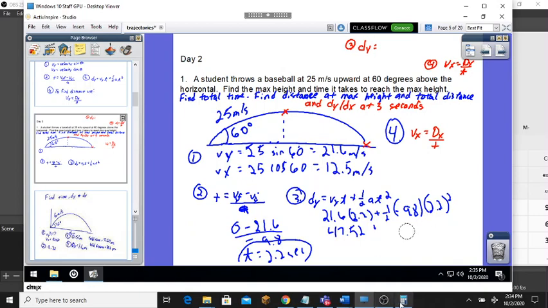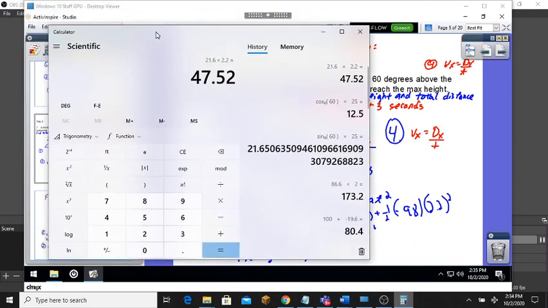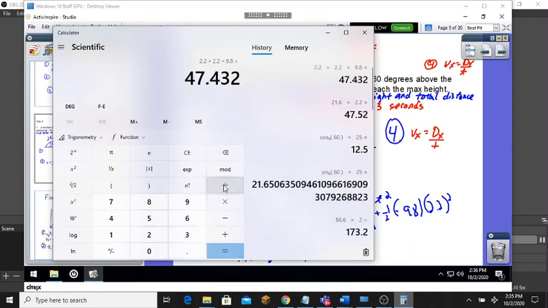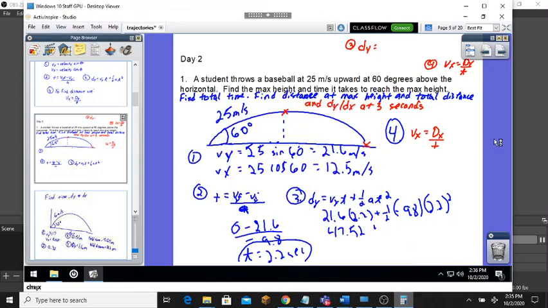And here I like to go backwards. You can go the other way if you want, but when I'm putting it in the calculator, it's easier for me to do that because of this square part. So 2.2 squared times 2.2 times 9.8 divided by 2, right? Cut that in half, and that's 23.7.